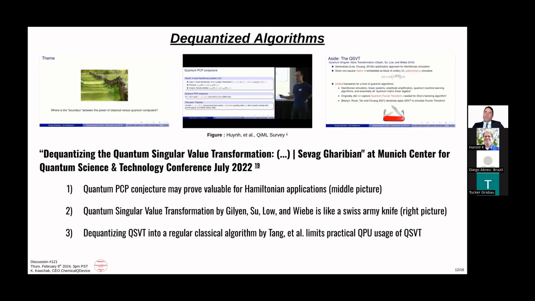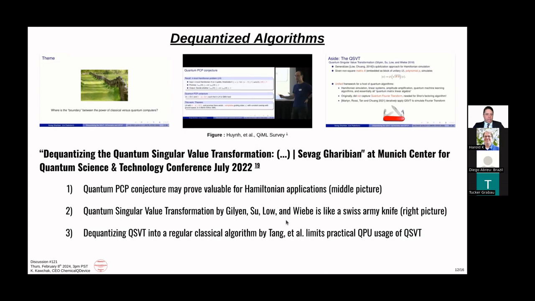So anyways, if you can get between here and polynomially slower, then the algorithm is deemed dequantized, meaning that it's proven to not have an exponential advantage over running it on classical systems. And this particular, and again, I'll remove that figure there that's not Hoyne.